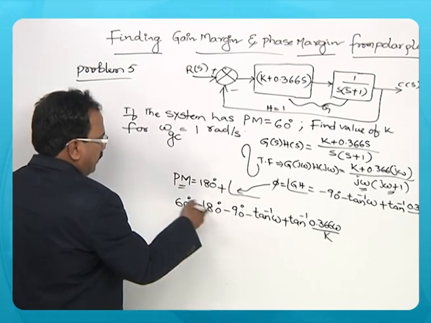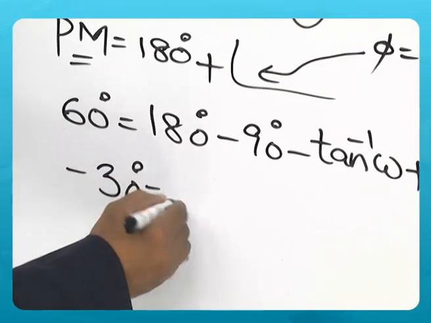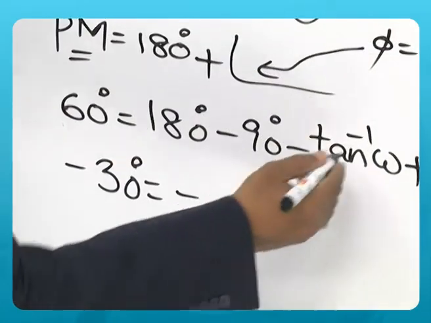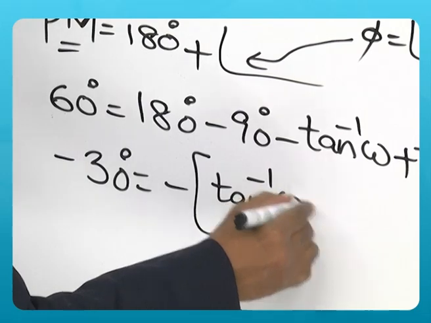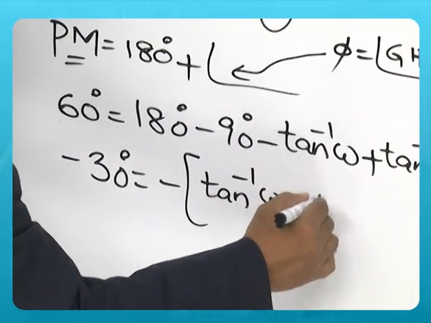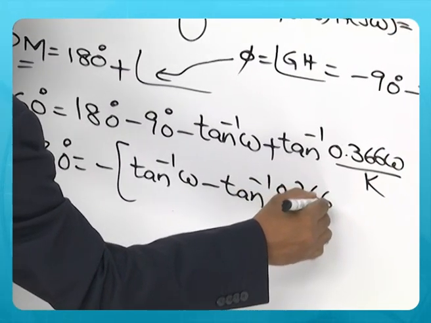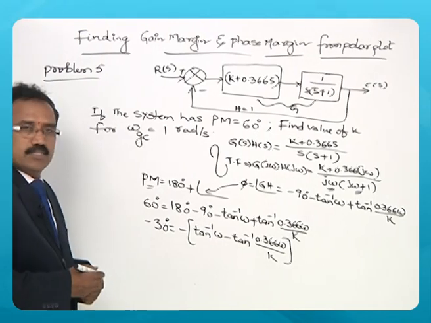When this 90 comes to this side, it becomes minus 90. So you have minus 30 degrees on the left hand side, and on the right hand side, tan inverse omega minus tan inverse 0.366 omega by K, taking the minus sign out.